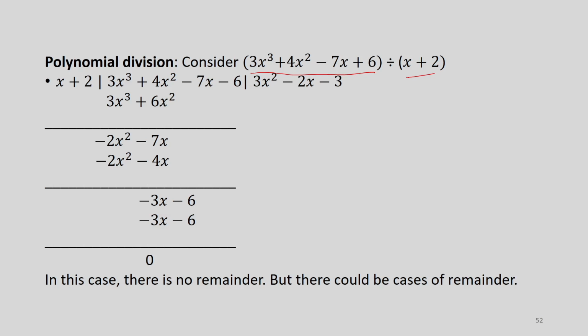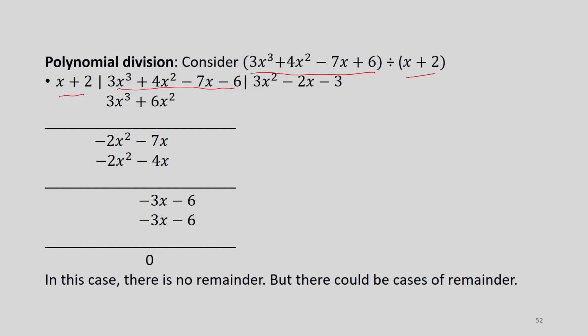Now, how do we do that? We do it in the following manner. Here we are going to divide 3x cube plus 4x square minus 7x minus 6. So, this is going inside, and on the left hand side I am going to divide it by x plus 2.